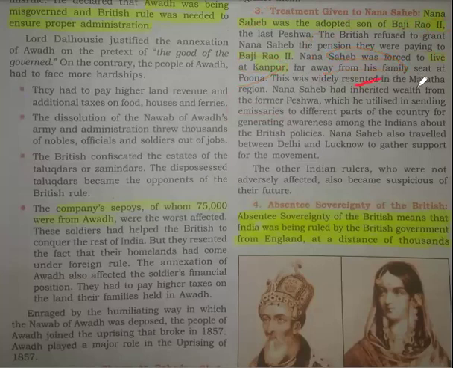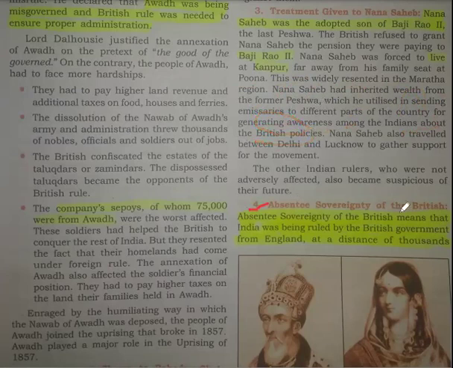This was widely resented in the Maratha region. Nana Sahib had inherited wealth from the former Peshwa, which he utilized in sending emissaries to different parts of the country for generating awareness among the Indians about the British policies.